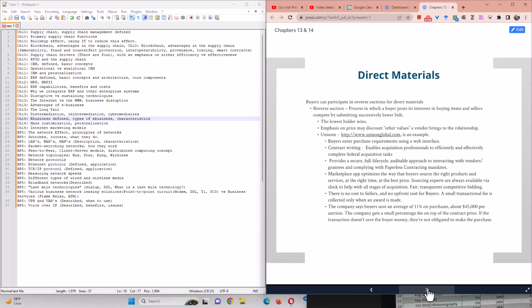You might see a question about reverse auctions. A reverse auction, a web space is an excellent platform for a reverse auction where, for example, a seller is basically selling a contract and bidders are bidding for the business.